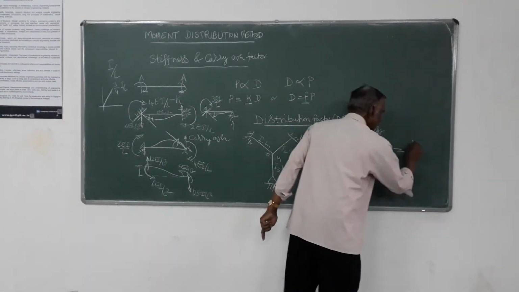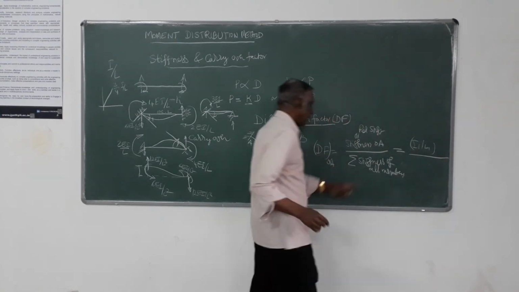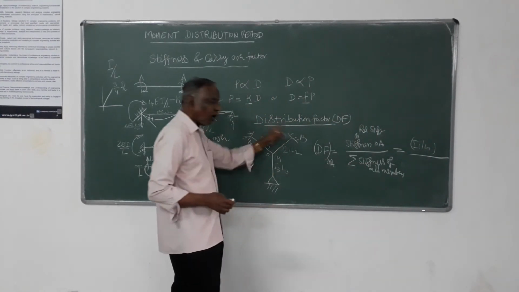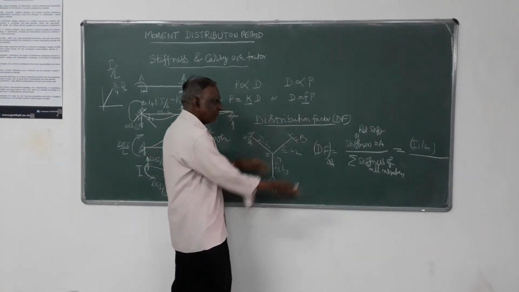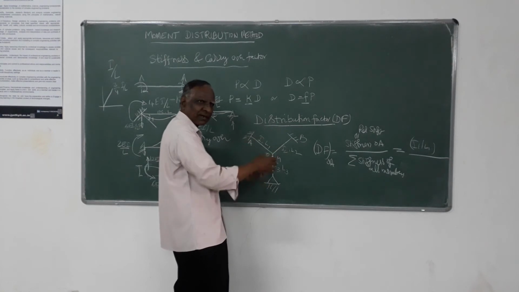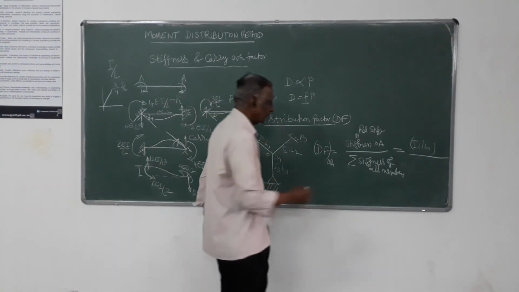So this will be I1 by L1 divided by the sum of relative stiffness of all other members. From all the members, what is the stiffness of this member, that proportion will be taken by that particular member.